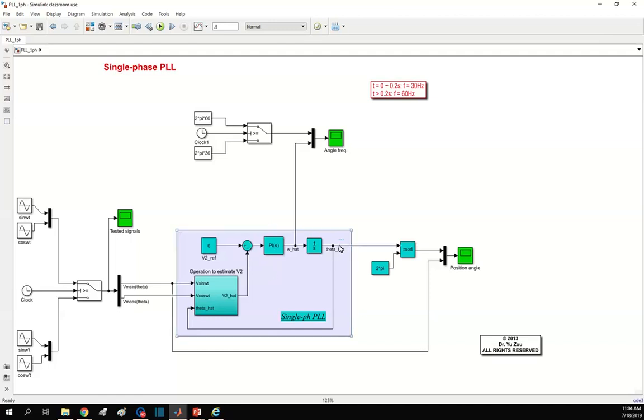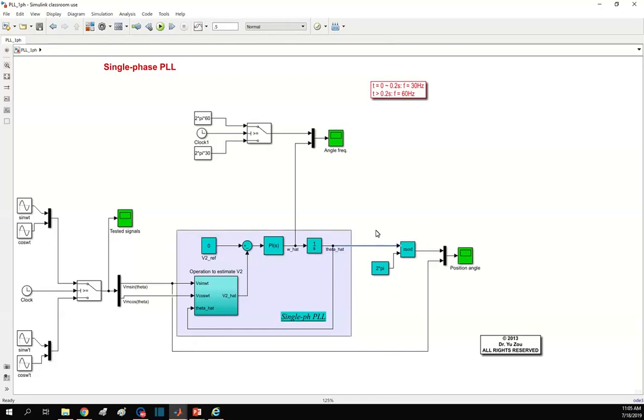The estimated position angle theta hat is fed back to help find V2 hat, to be compared with the reference 0. Here we are not only able to estimate the position theta hat, we can also estimate the angular frequency omega hat. We will see the result, both angular frequency and position.